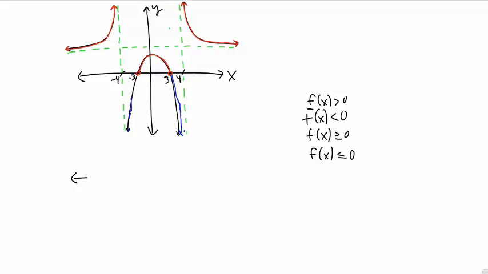So let's draw the number line. Think of it as the x-axis here. And we see that the function is positive from negative infinity up to but not including -4.